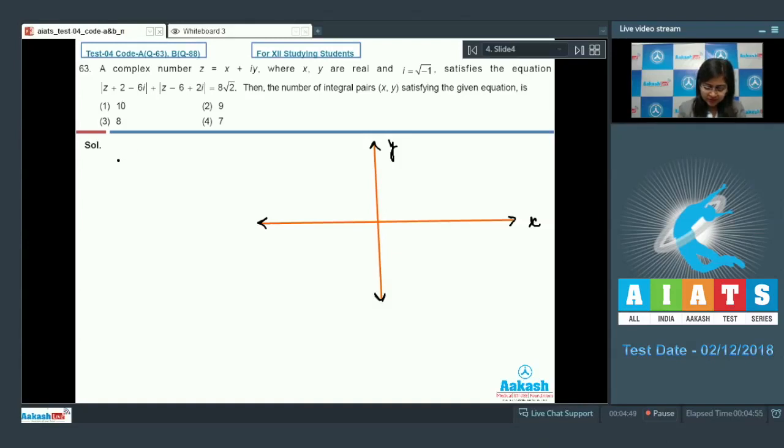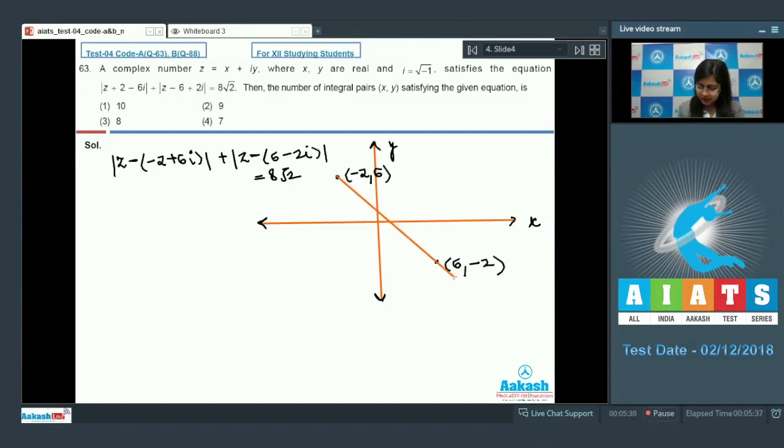So here it is given that distance of z from minus 2 plus 6 iota plus distance of z from 6 minus 2 iota is given to be equal to 8 root 2, that is minus 2 plus 6 iota and 6 minus 2 iota. So let us say the line is something like this. So it is given over here that the distance of z from these 2 points is equal to 8 root 2. Let us say the points are A and B.